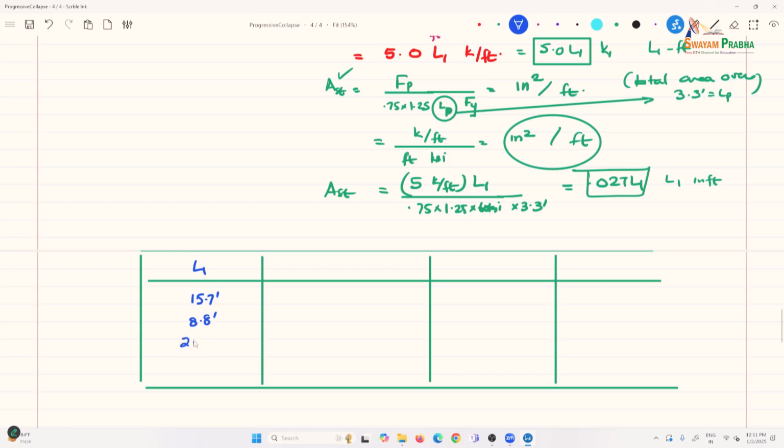For the second one, Fp is 79.4, this is in kips, 44.5, and AST in square inches per foot is 0.424.